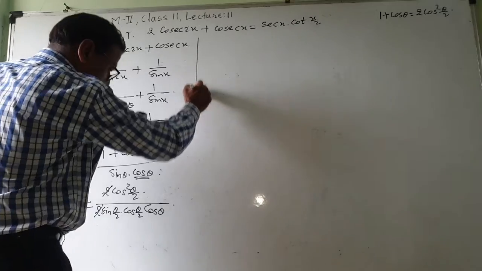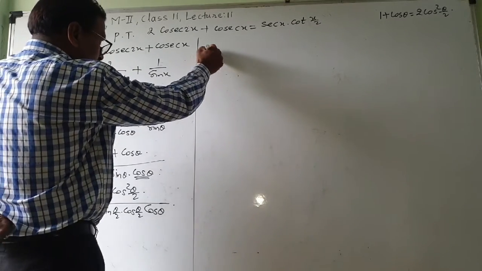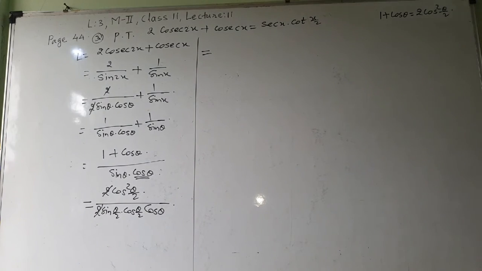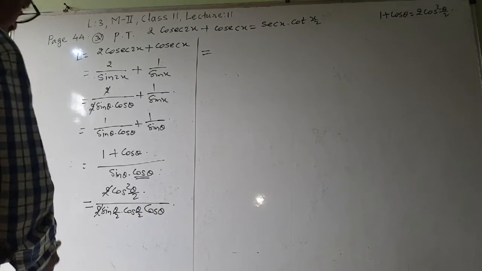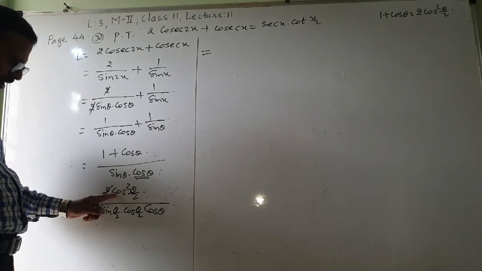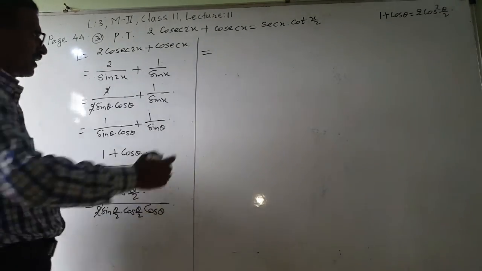I will write here. I am doubtful whether you can see this or not. Yes, you can see it. So this is cos into cos, and here it is cos. One cos will get cancelled.